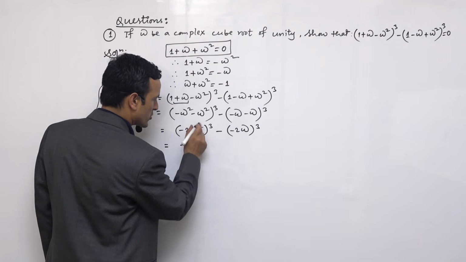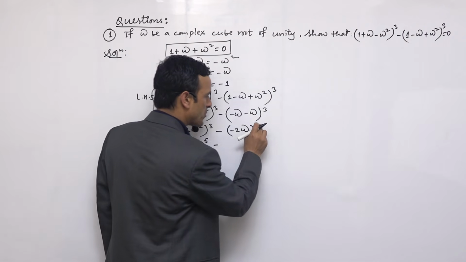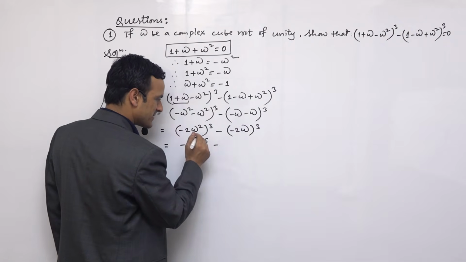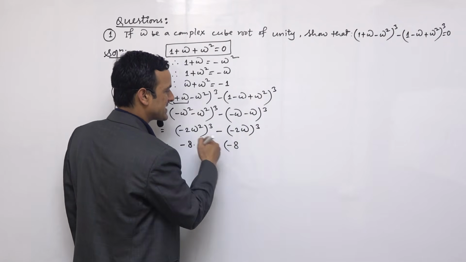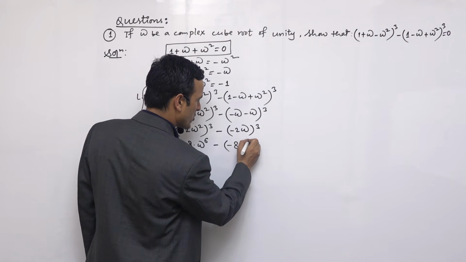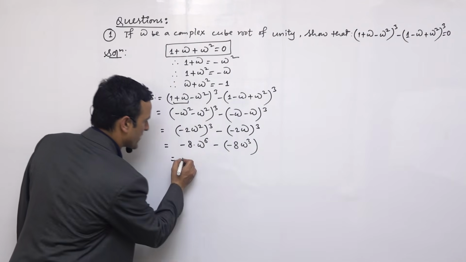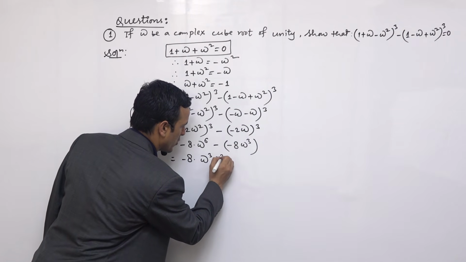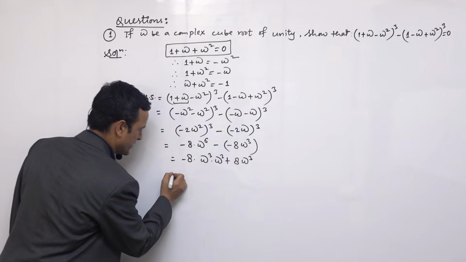Now omega power 2 times 3 is 6, and minus cube means again minus. So minus minus plus, or write down minus 8, omega cube into omega cube, minus plus 8 into omega cube.